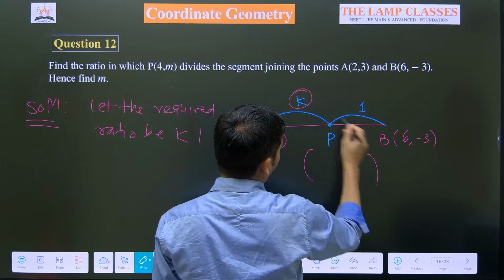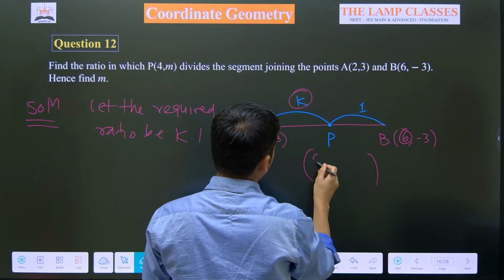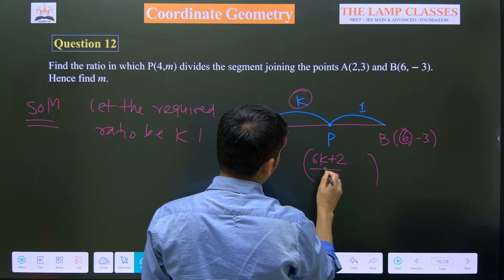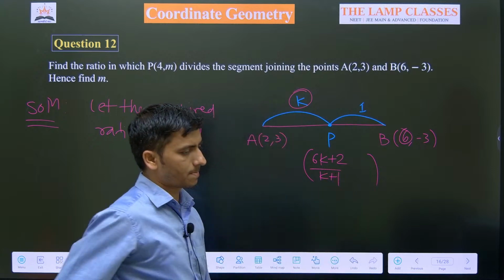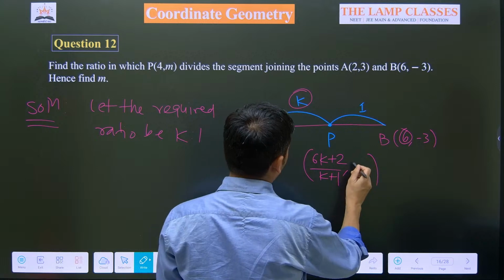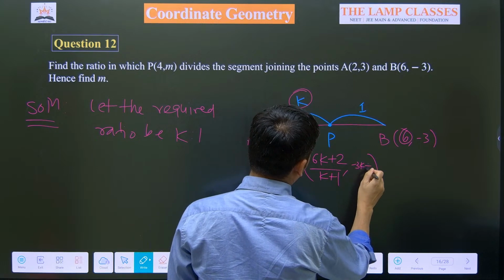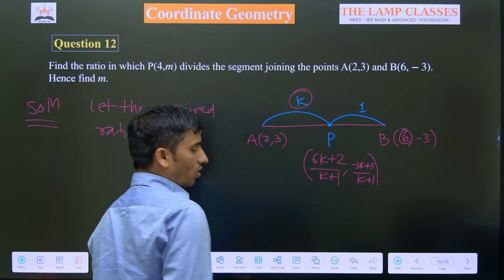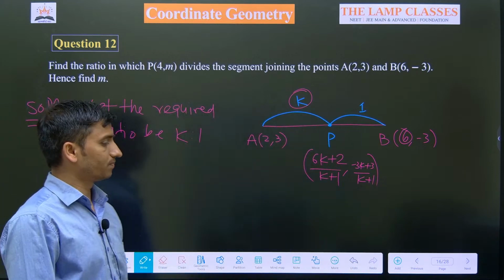So x coordinate is (6k plus 1 into 2) upon k plus 1, and y coordinate will be (minus 3k plus 3) upon k plus 1, right? This is the coordinate of point P in terms of k.